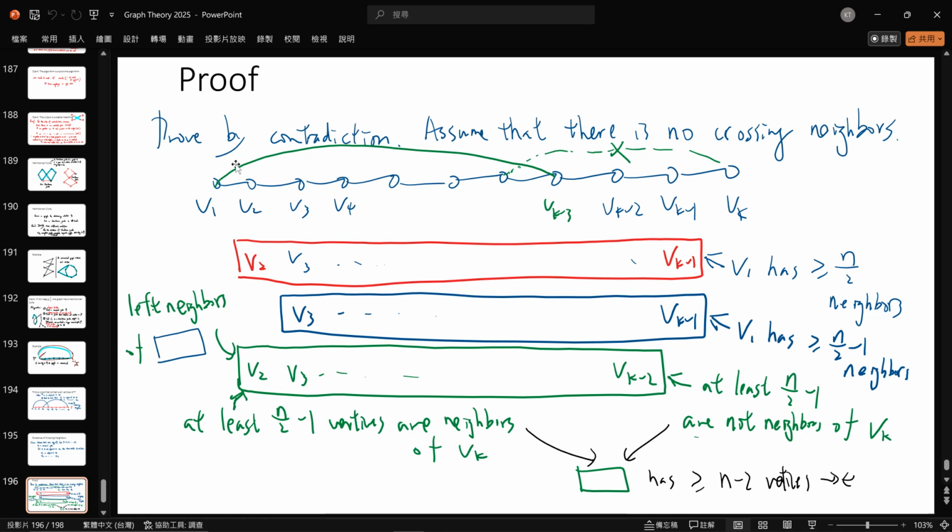All we need is that their degree sum is at least n. It may be the case that V1 has a small degree, yet Vk has a large degree, and the proof will still work. For example, if V1 only has 3 neighbors on the path, however, Vk has lots of neighbors on the path, then we can still find these crossing neighbors.